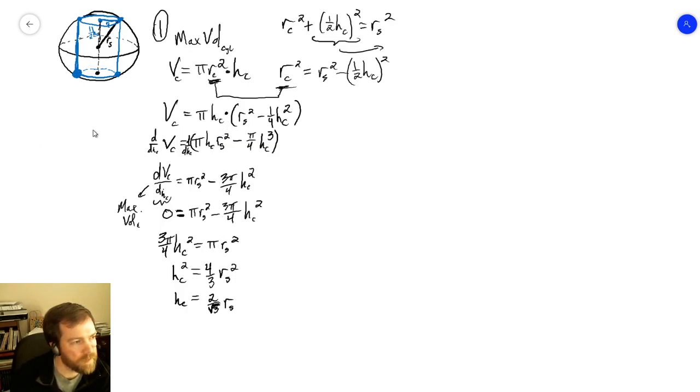Let's come over here then. Rc squared is equal to Rs squared minus, this was 1/4 Hc squared, which is now going to be 4/3 Rs squared. Yep. Okay, so then we're going to divide out the 4s.